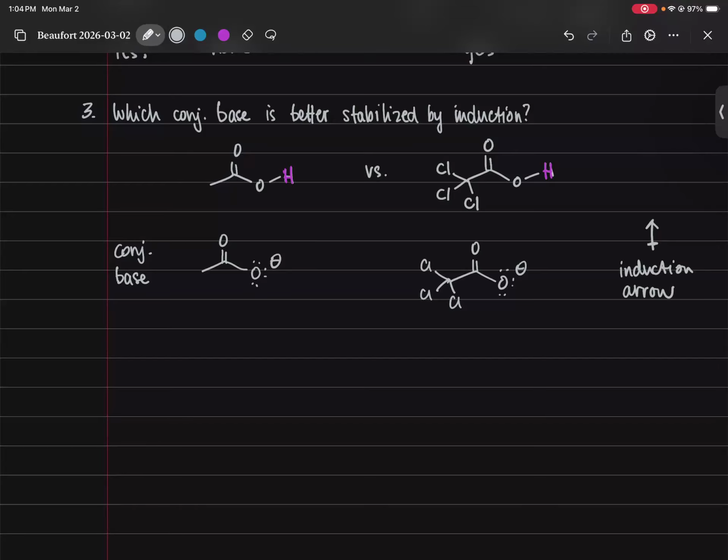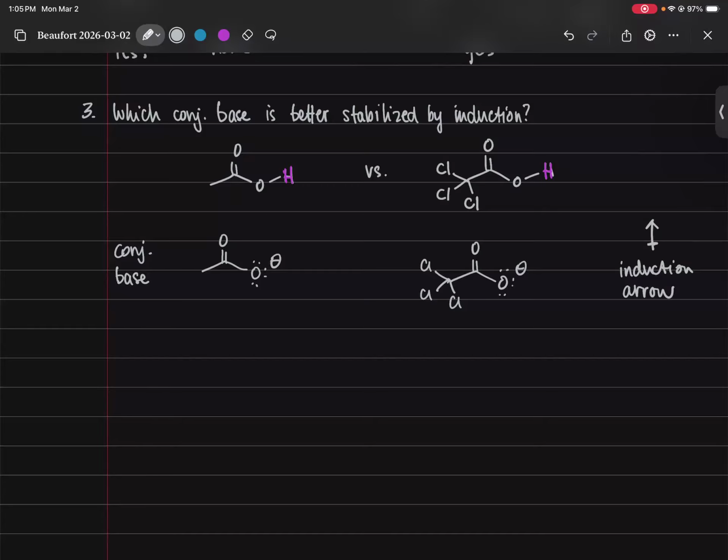And when we have an induction arrow pointing away from our negative charge on the oxygen atom, that means that the electronegative atoms are able to pull some of the electron density away from the negative charge.